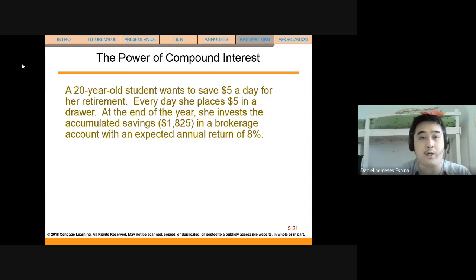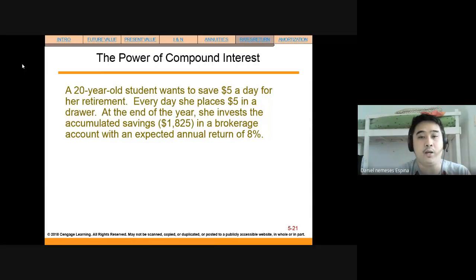So you should plan for retirement. She is young, 20 years old, but she's already thinking of her retirement. She wants to save $5 a day. Every day she places $5 in a drawer. Of course, in a drawer it won't earn interest.